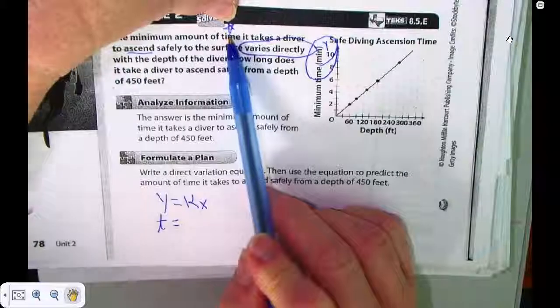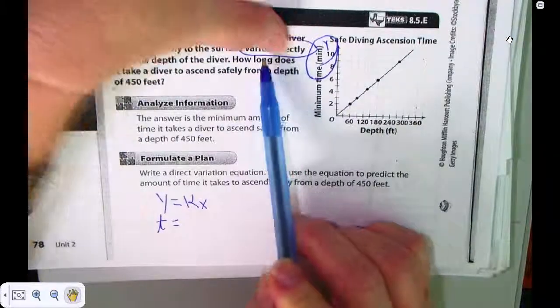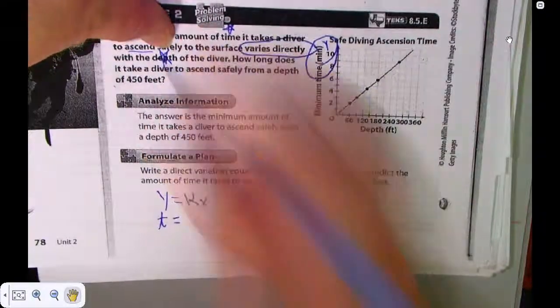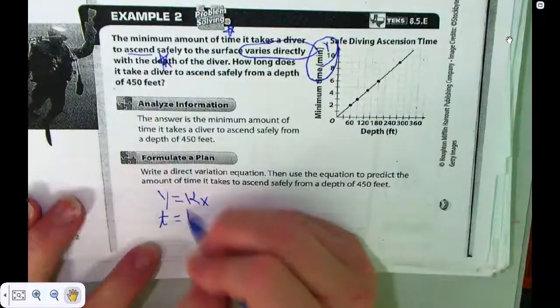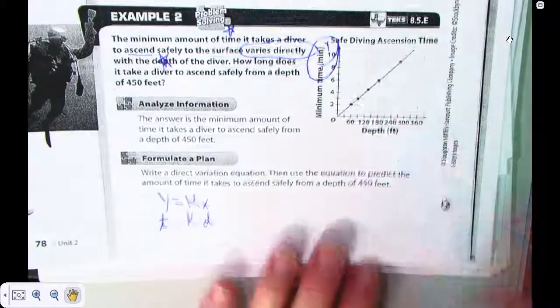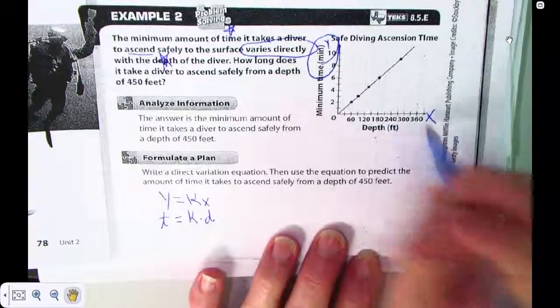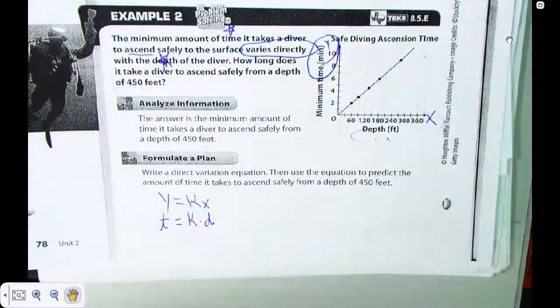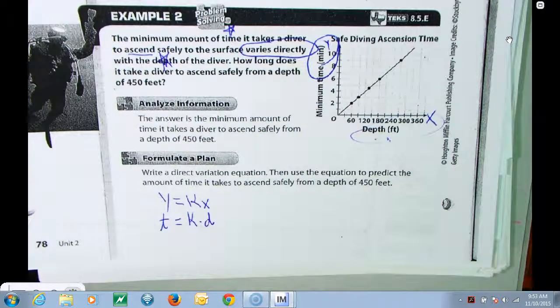So the amount of time it takes varies directly with the what? Depth. Put a star over depth. So we know the Y is time, and the X is the depth. You have to know which one stands for which one. I hope you heard that.